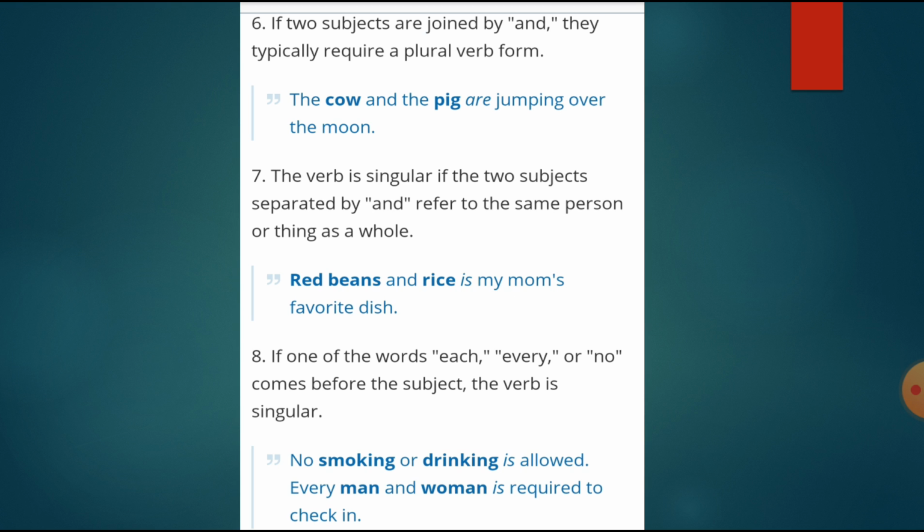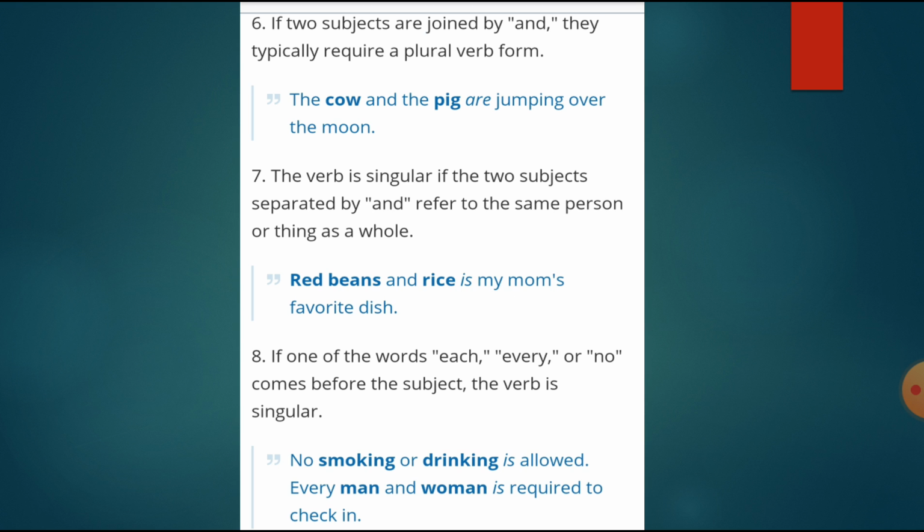The cow and the pig are jumping over the moon. You can see that the cow and the pig are separately regarded as singular subjects, but when they are joined by and, they will take plural verb are instead of is.